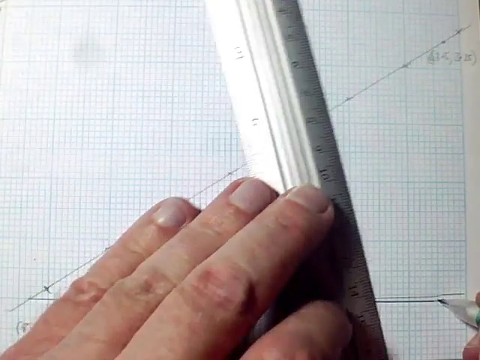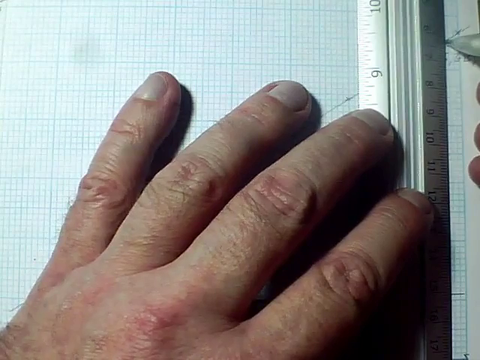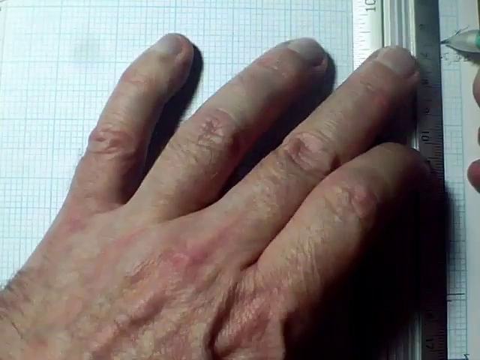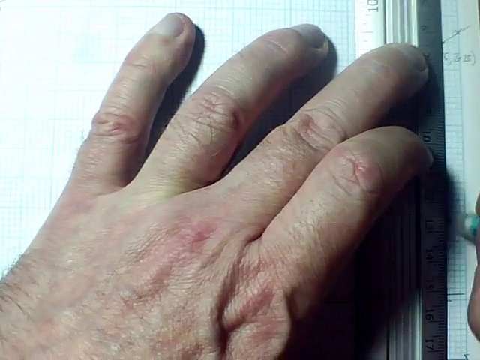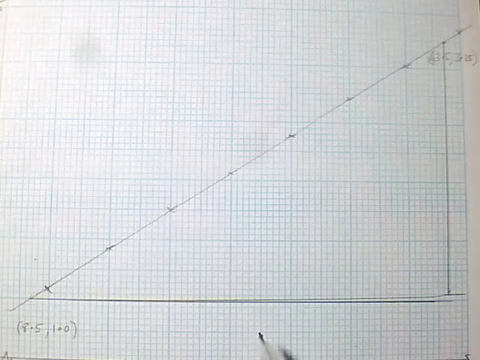Okay, and from here, I'm going to draw carefully a vertical down from there. Okay, so that's the triangle I'm using, but in fact I'm going to find these distances just by subtracting coordinates.